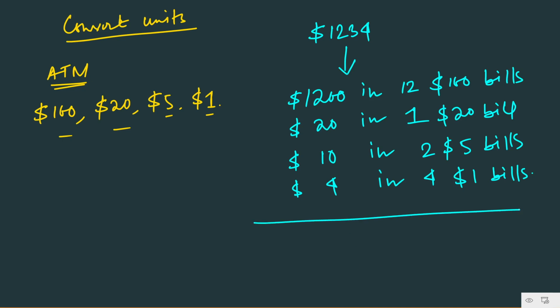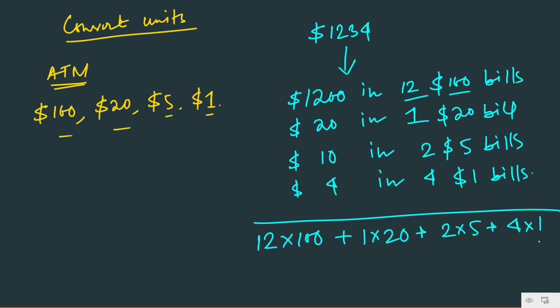So if you add all these, you have 12 $100 bills, and then one $20 bill, and then two $5 bills, and then four $1 bills. So that is 1200 plus 20 plus 10 plus 4, which is 1234.